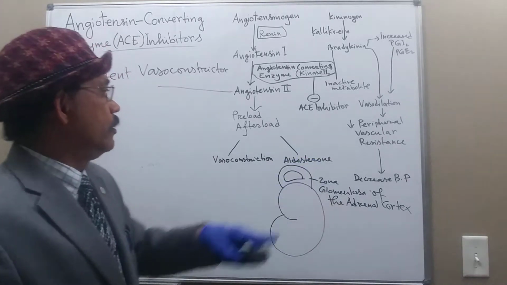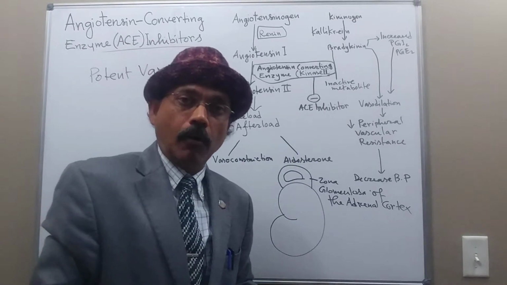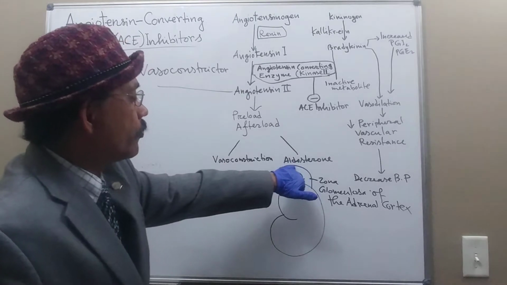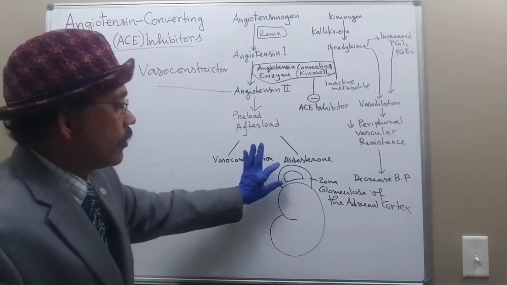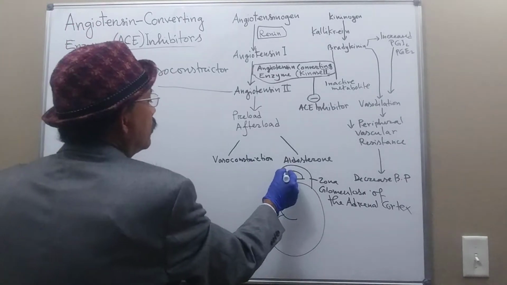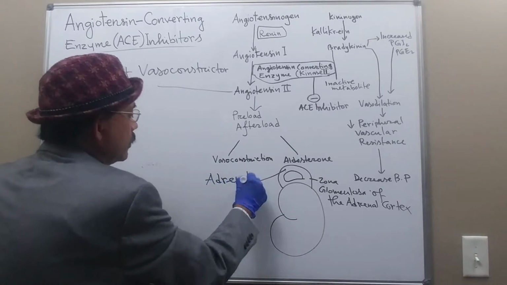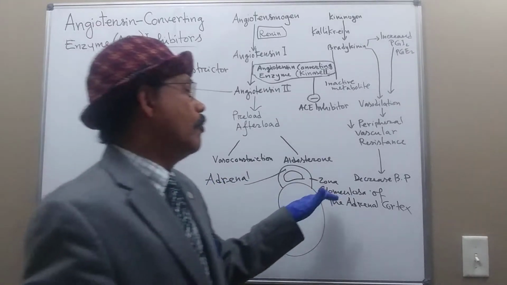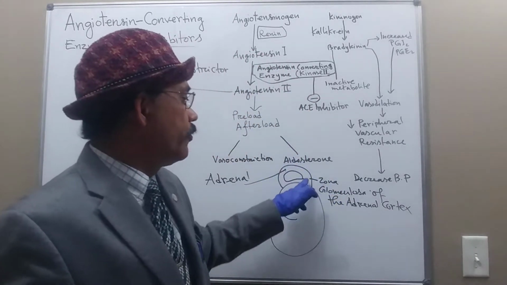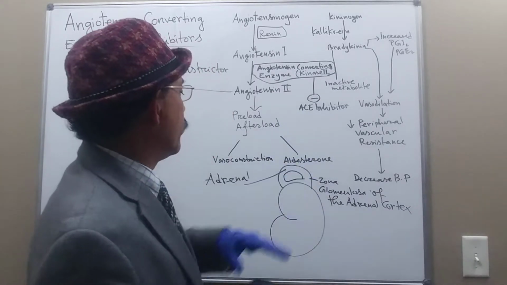Aldosterone is a mineralocorticoid. The adrenal cortex has 3 layers: zona glomerulosa, zona fasciculata, and zona reticularis. The outer layer, the zona glomerulosa, produces the aldosterone.